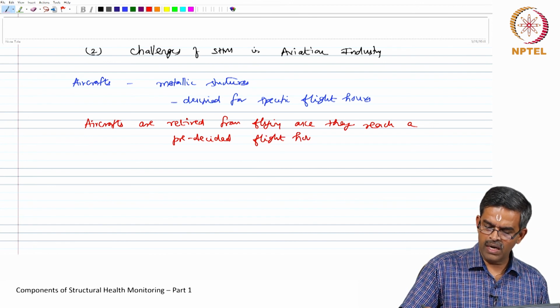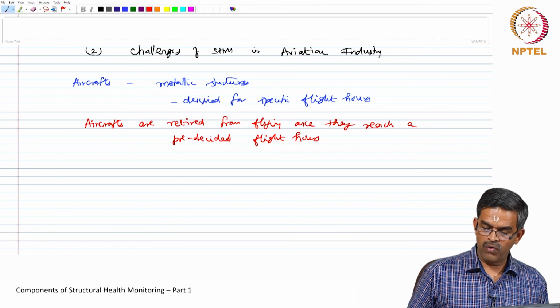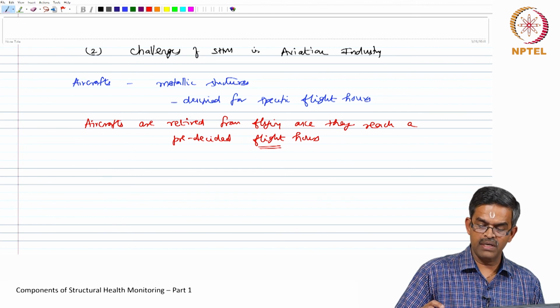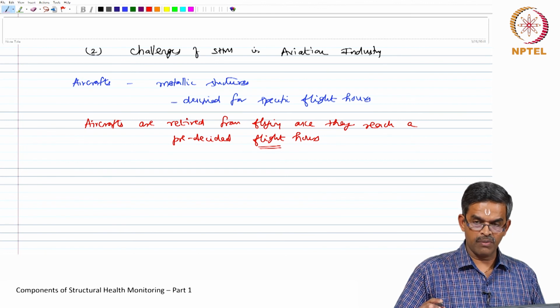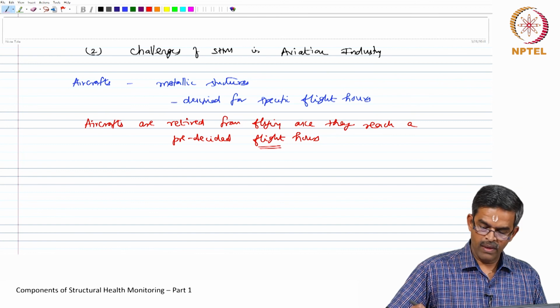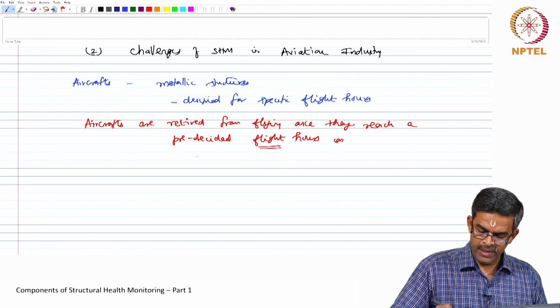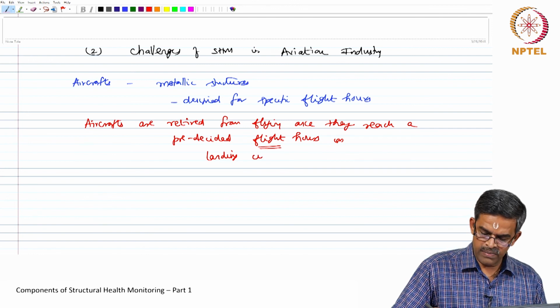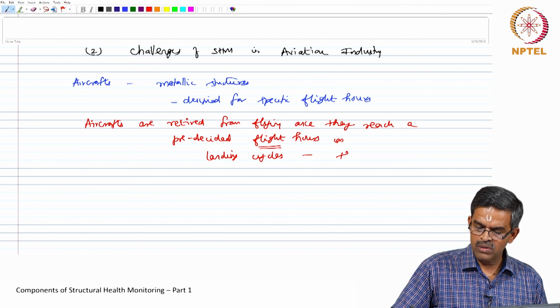So, every aircraft is meant to fly for a specific flight hours. Once those number of flight hours are completed, those aircrafts are considered to be retired from flying at all. Alternatively, if they complete pre-decided landing cycles, then also they can be retired.